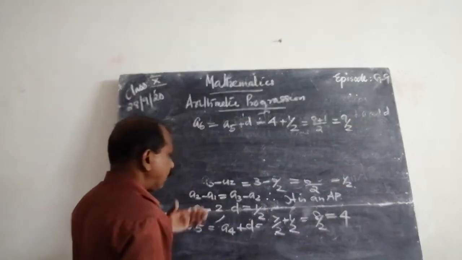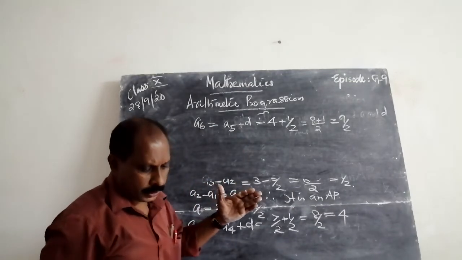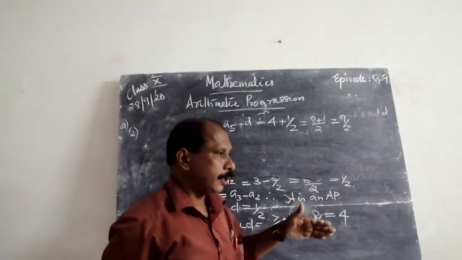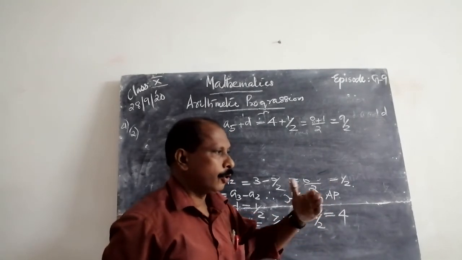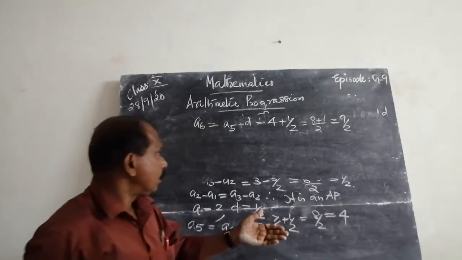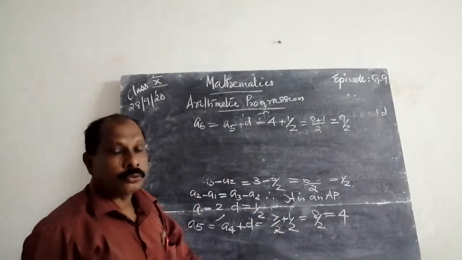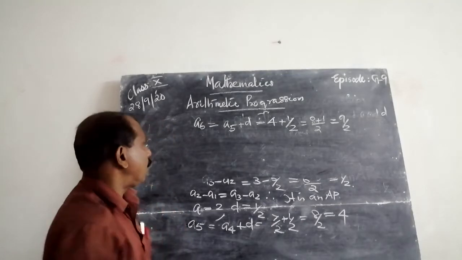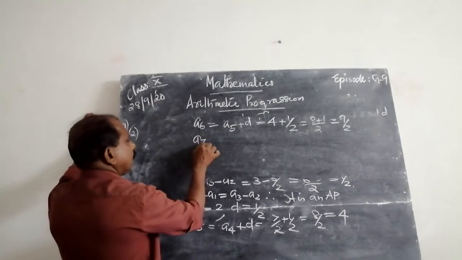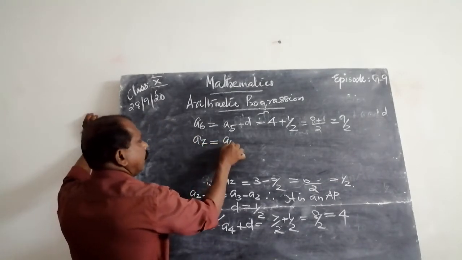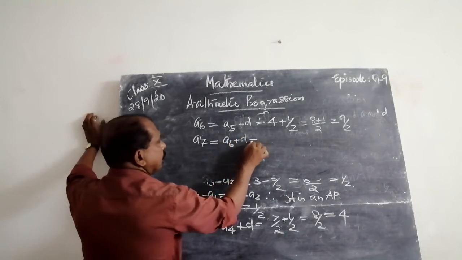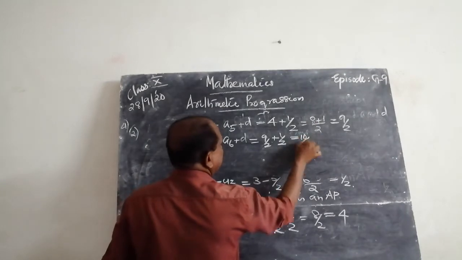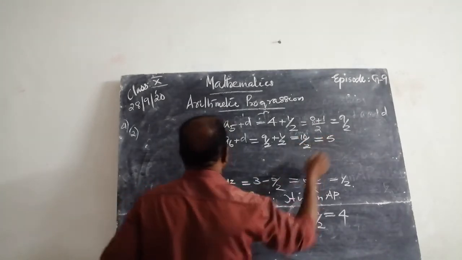We know the result: the first term is 2, the second term is 5 by 2, the third term is 3, the fourth term is 7 by 2, the fifth term is 4, the sixth term is 9 by 2. Then A7 is equal to A6 plus D. That is 9 by 2 plus 1 by 2, which is equal to 10 by 2, which is equal to 5.